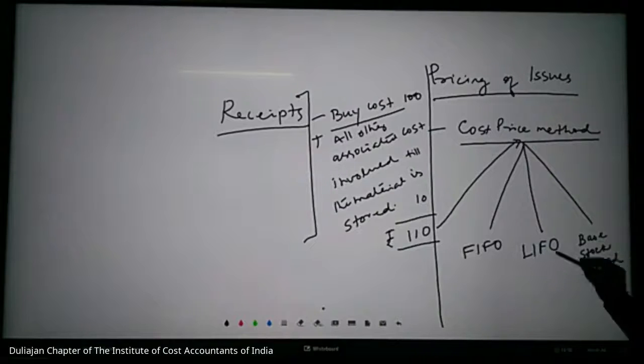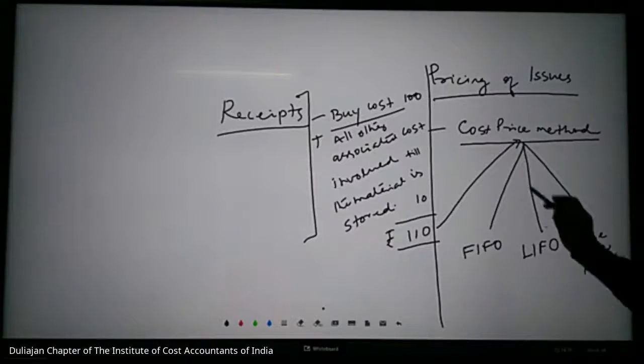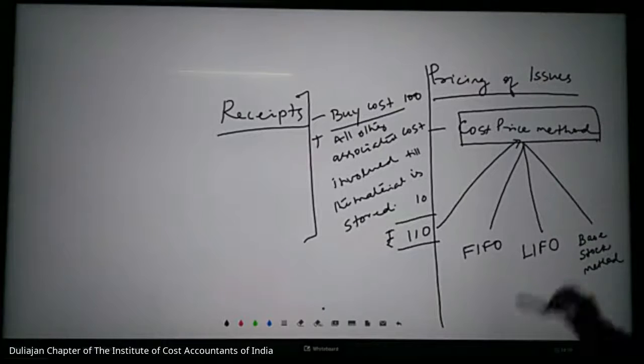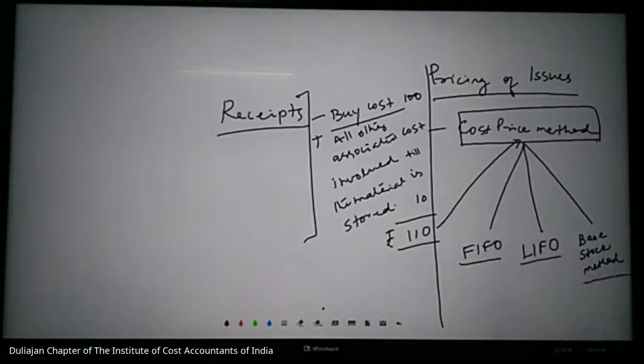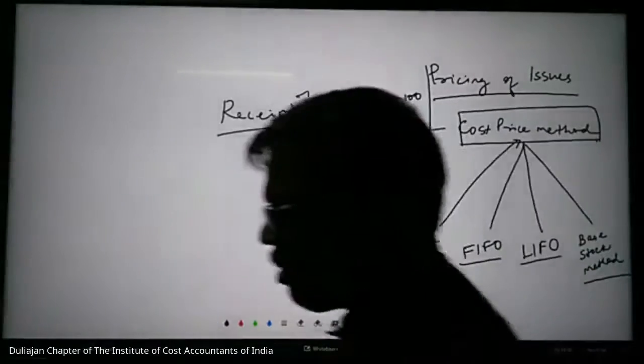There are three methods of pricing of stock as per their cost price. So we will discuss what is FIFO, LIFO and base stock method.